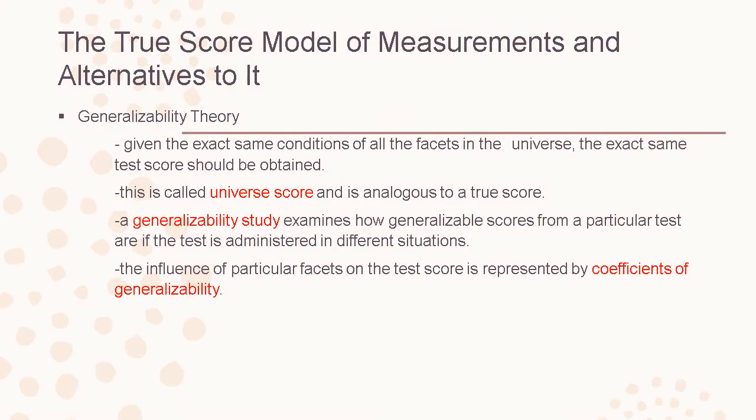Given the exact same conditions of all the facets in the universe, the exact same test score should be obtained. This is called the universe score and is analogous to a true score. A generalizability study examines how generalizable scores from a particular test are if the test is administered in different situations. The influence of particular facets on the test score is represented by coefficients of generalizability.